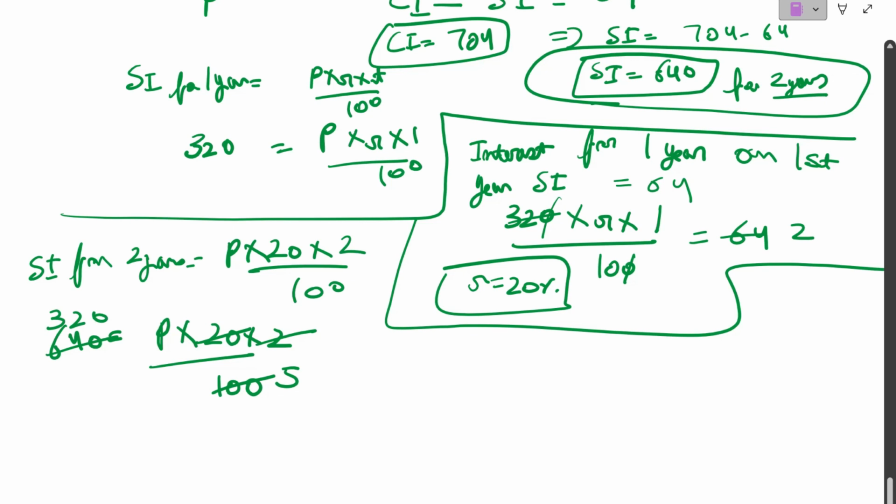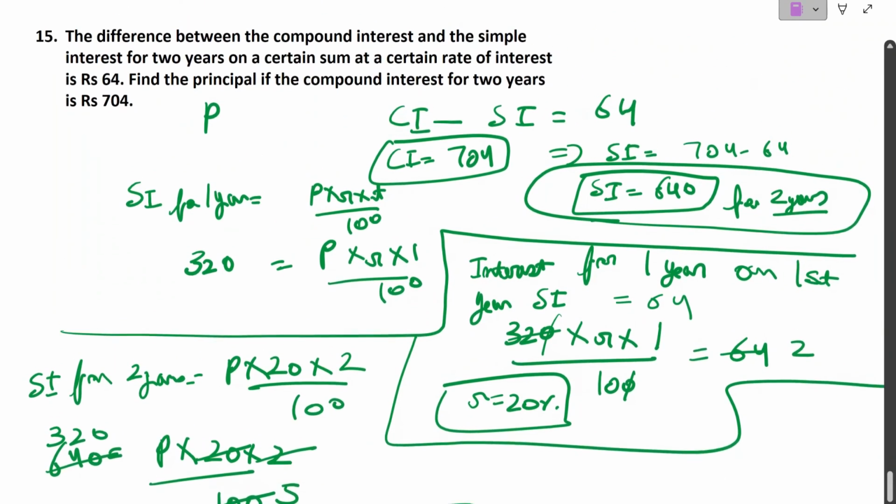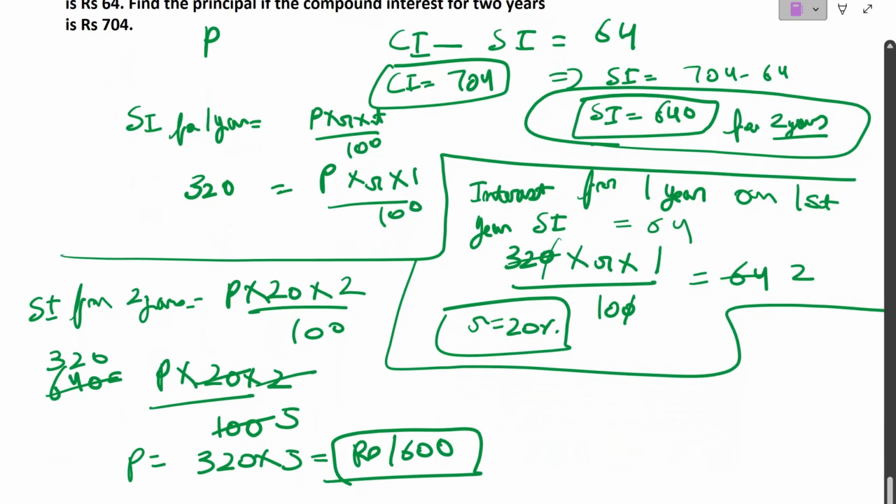This is 320. So the principal is 320 into 5, which comes out to be rupees 1600. So that is the answer we have. The principal is rupees 1600. So this was a very logical question. I hope you appreciate it.